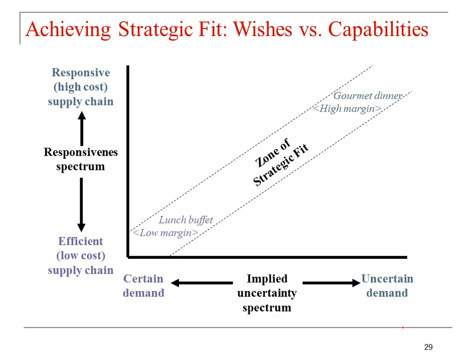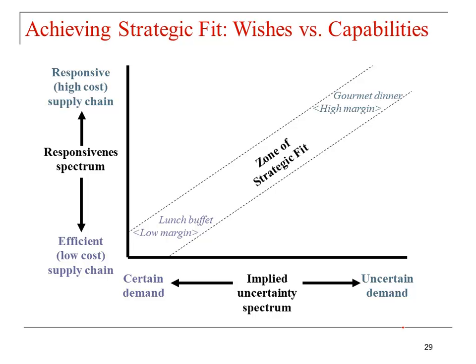In terms of the strategic fit, versus capabilities, we have the uncertainty in terms of the demand. If you have a certain demand, you want to be very efficient with a low cost.